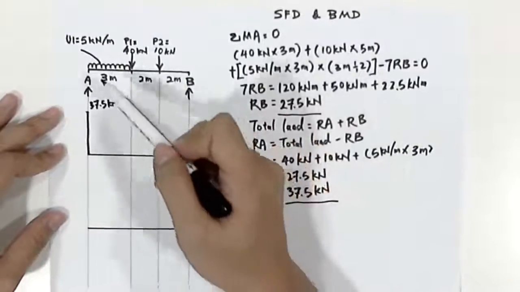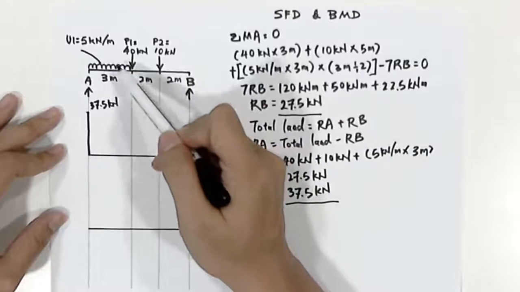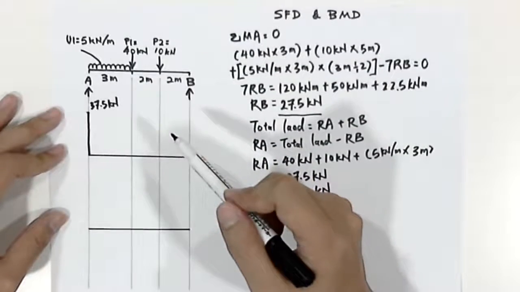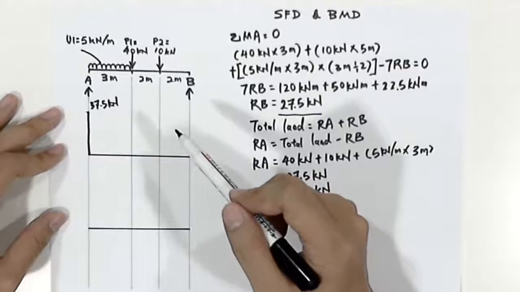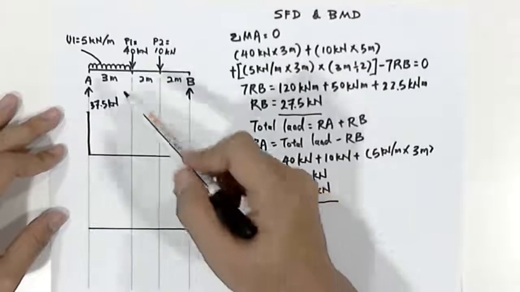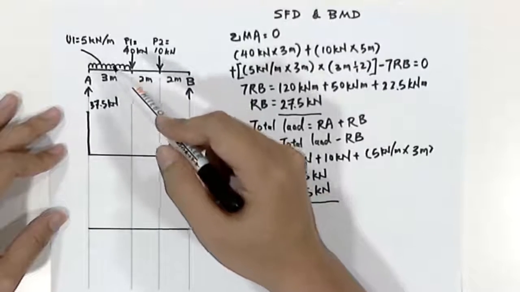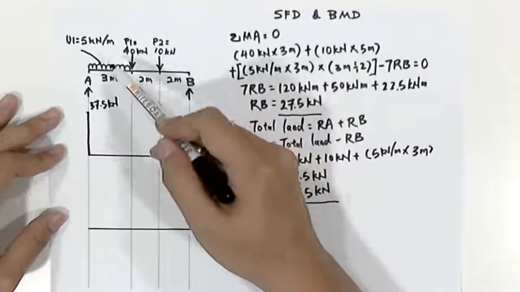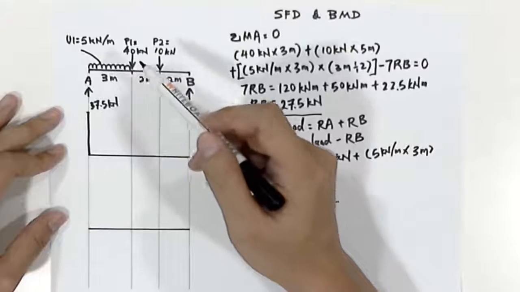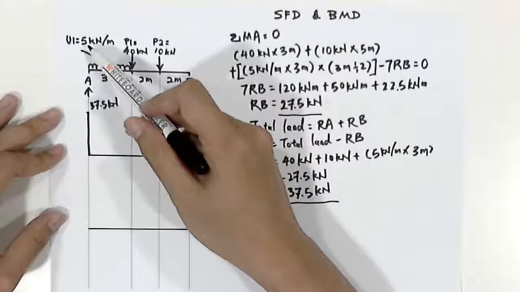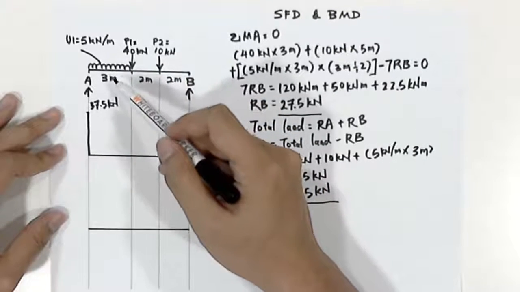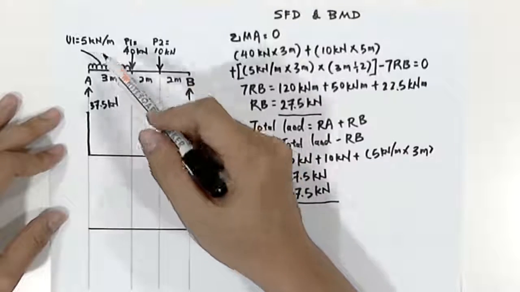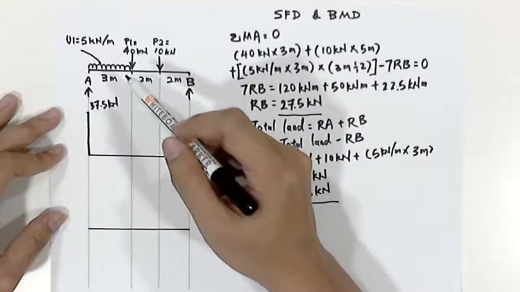So what happened here is that we have a uniform load of 5 kilonewton per meter. What this uniform load will do to the shear force is that it will create a force of 5 times 3 meter. So we have a force of 15 kilonewton.